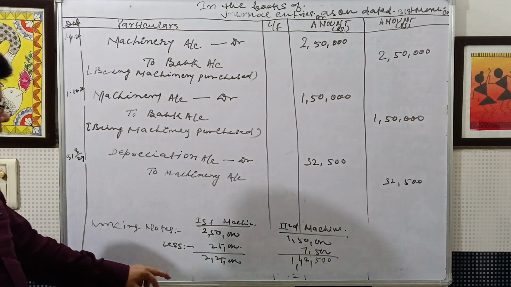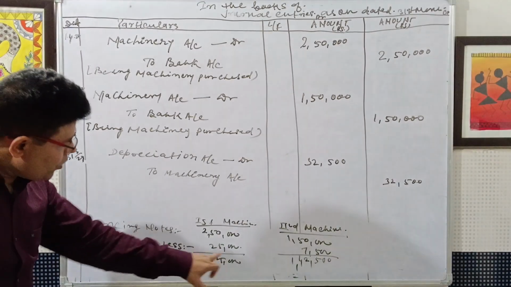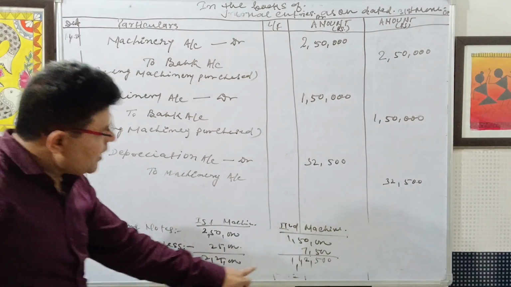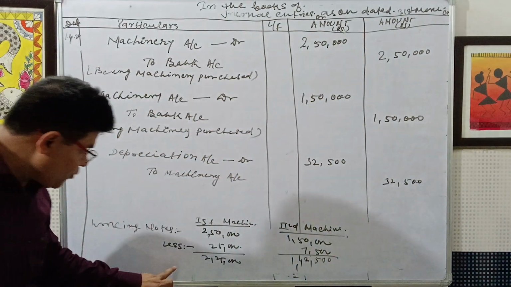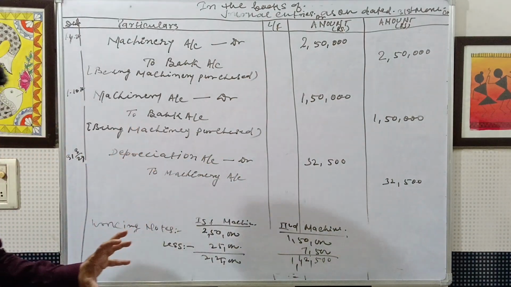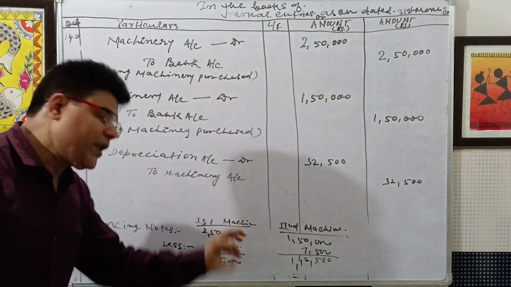Now depreciation will be charged on 2,25,000 and 1,42,500, and on both machines the depreciation will be charged for the whole year.